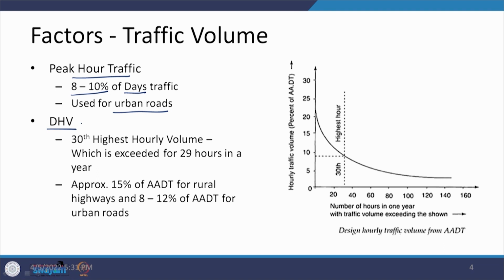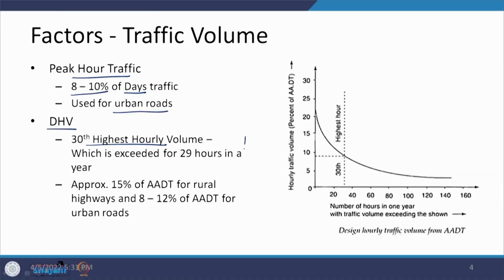Now, this DHV can be found out on the basis of one terminology, that is the 30th highest hourly volume. What does this mean? It is the traffic throughout the year, going from the highest towards the lower side, which is exceeded only for 29 hours in 1 year.